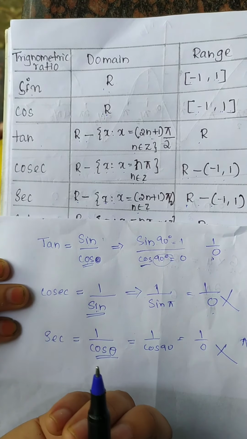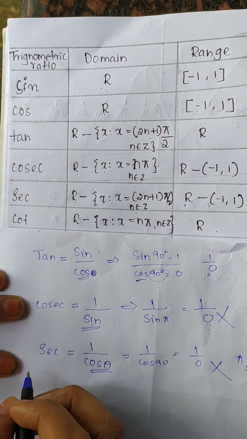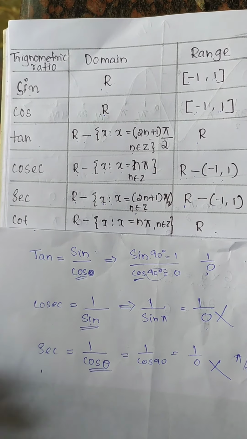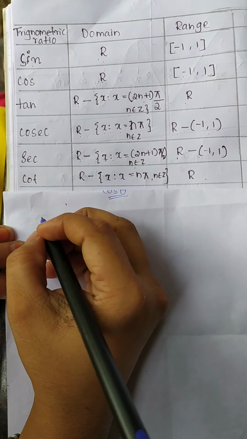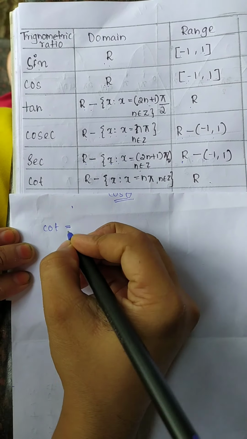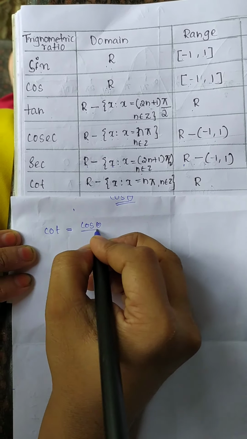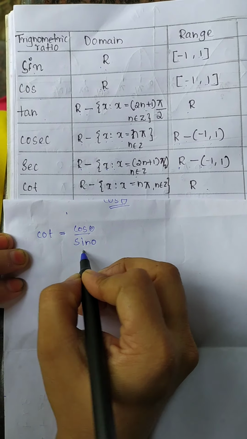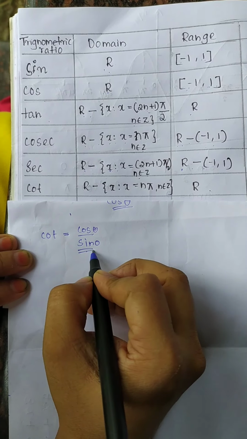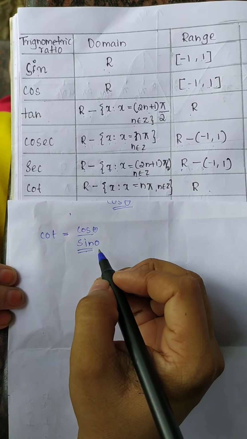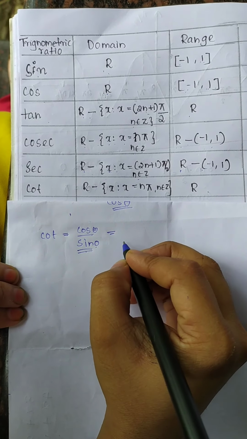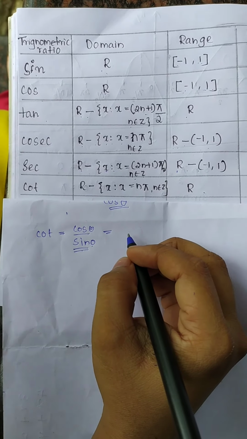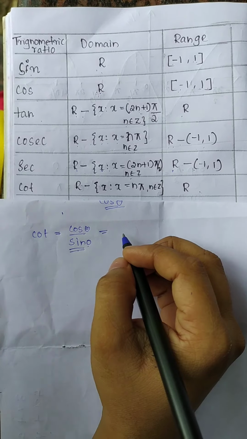Then what is the sixth trigonometric ratio? The sixth trigonometric ratio is cot. What is cot? Cot is the ratio of cos by sine. Then what do we have to subtract here? We have to subtract the values where the sine function is 0. Here we get sine 0, sine pi, sine minus pi.